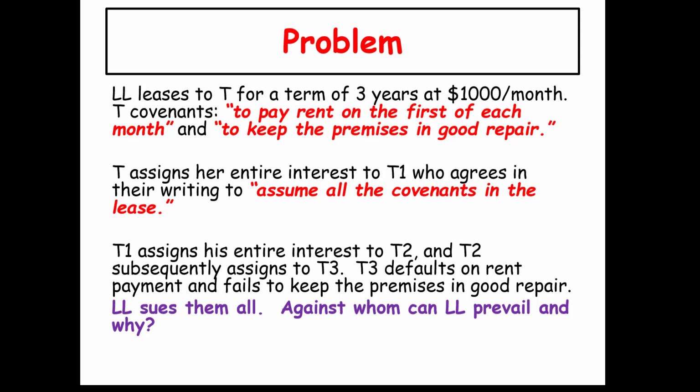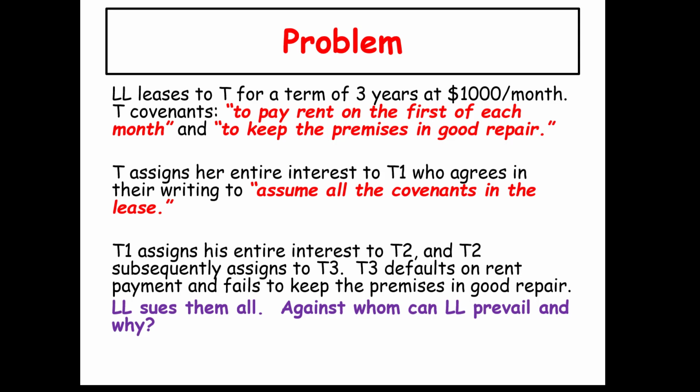So we have the original tenant assigning to the new tenant, and the new tenant in the deal between T and T1 assumes the obligation to pay the landlord by assuming the covenants in the original lease. T1 then assigns his entire interest to T2, and T2 then assigns to T3. So each time we've seen a transfer of the entire interest in the property.